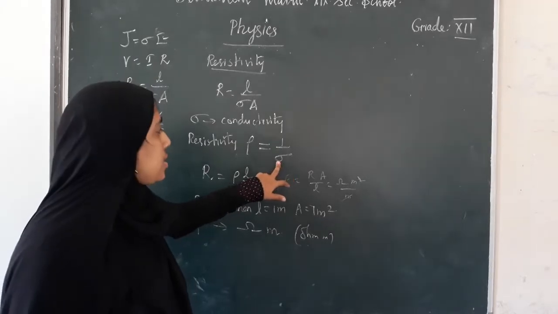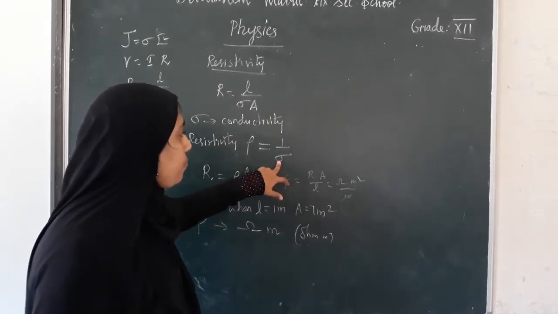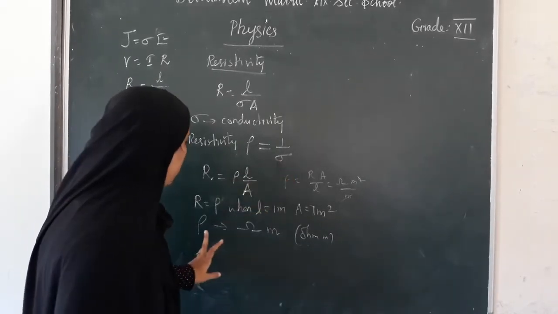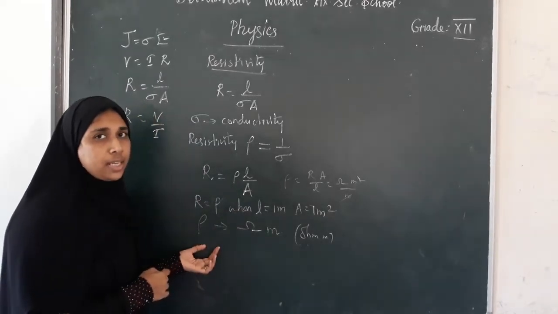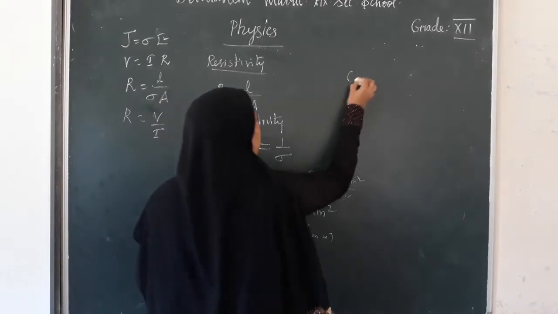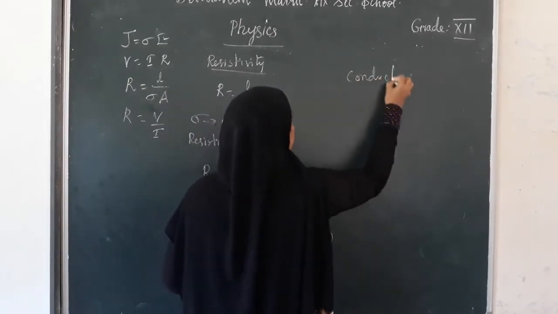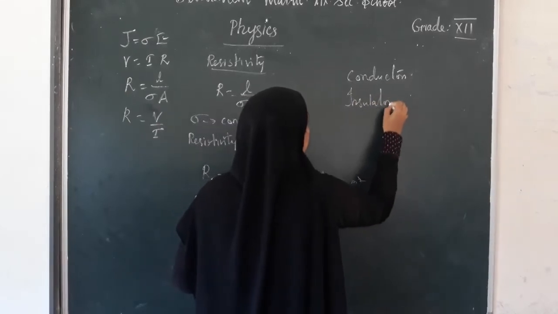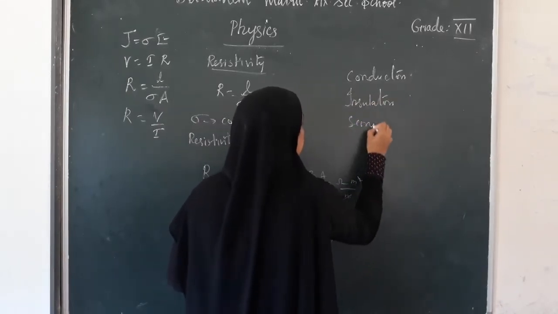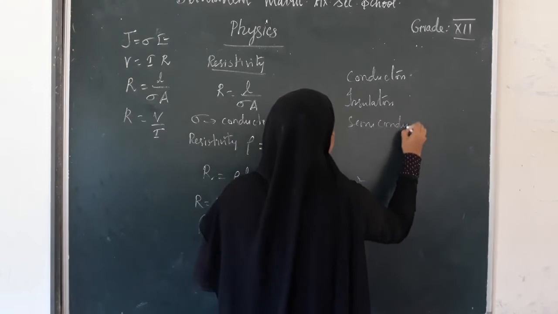Sigma is conductivity, rho is resistivity. Based on this resistivity, materials are classified as conductors, insulators and semiconductors.